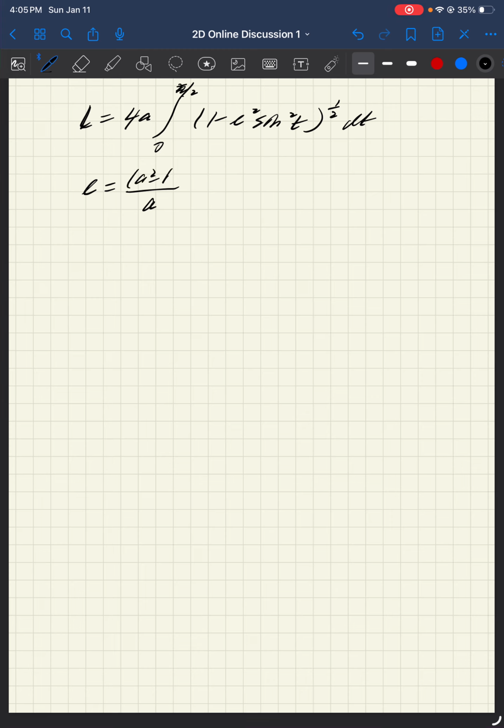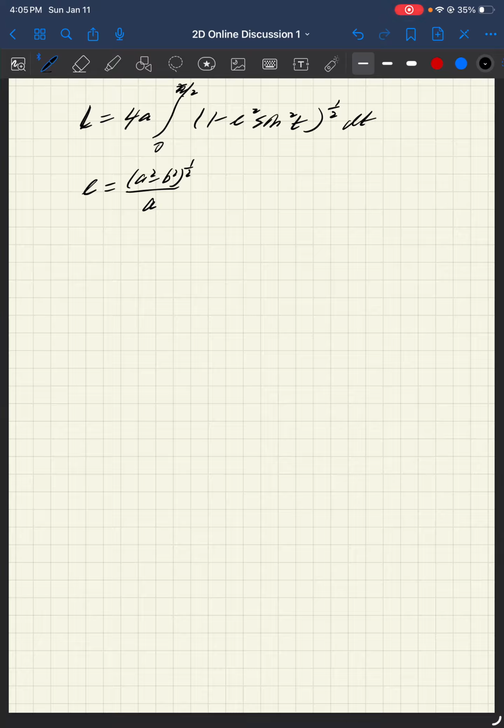So recall we have the original formula L equals 4a times the integral from 0 to pi over 2 of the square root of 1 minus e squared sine squared t, dt. So I want to plug in e equals the square root of a squared minus b squared, over a.